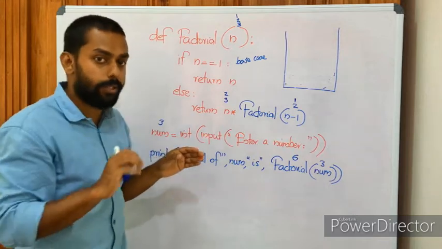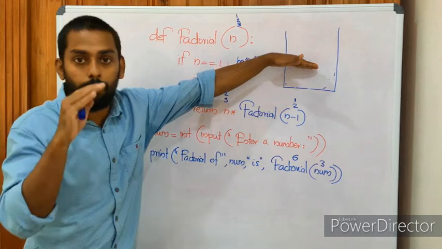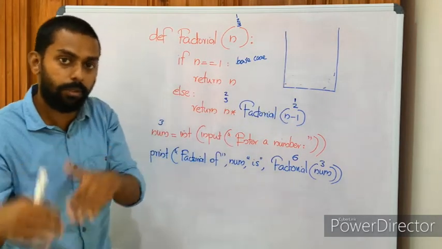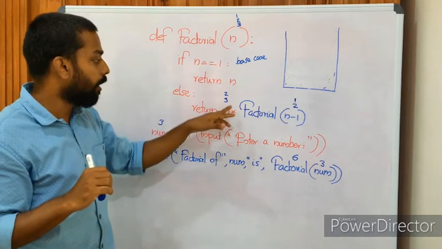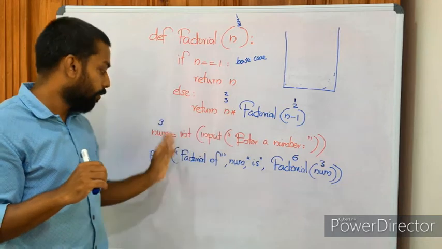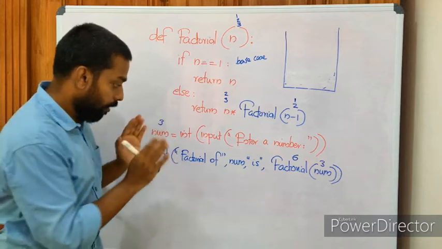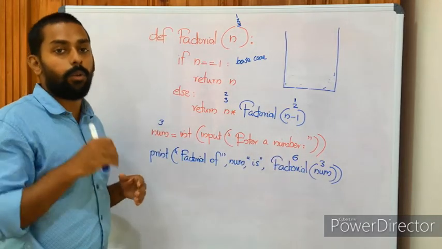Instead they are placed onto the stack. Then the topmost one will be executed first. After that it moves to the second, after that to the third, and so on. That is the execution order. Finally we get the result and it returns to the calling statement. In this case it prints the result: factorial of 3 is 6. This is how recursion works.